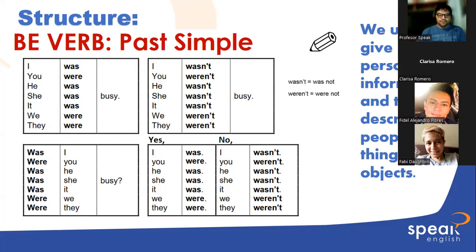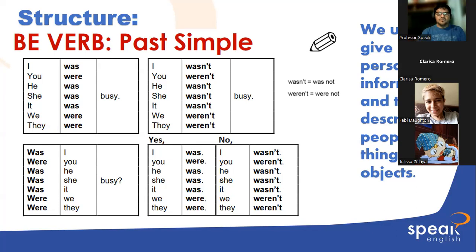No, teacher. I'm trying to remember the structure in the questions. I'm sorry, can you repeat? I have a problem with the structure of the questions. Okay, and what seems to be the problem? In the normal statement it is was, I wasn't, but in the question it is still was, were.